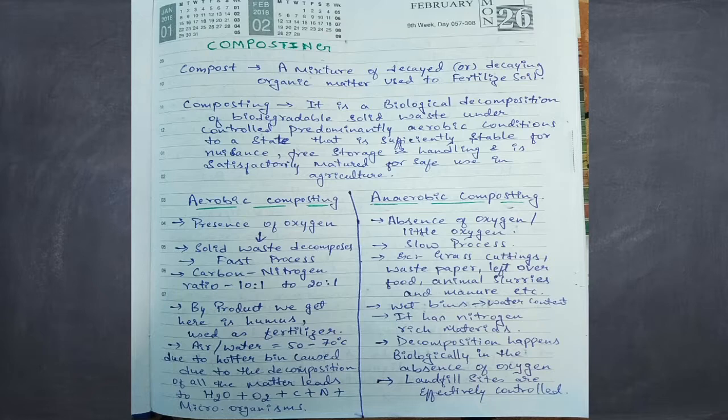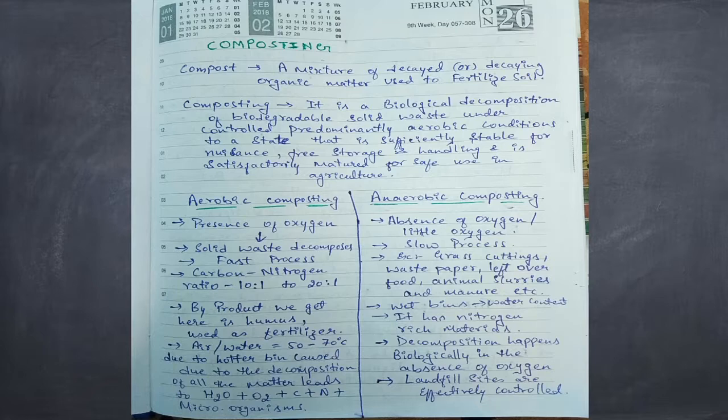So it is usually classified as aerobic and anaerobic, since we know that aerobic represents the presence of oxygen and anaerobic represents the absence of oxygen or the presence of little oxygen. In aerobic, the solid waste gets decomposed in a very fast manner. Why? Because oxygen is present, so the degradation will be high.